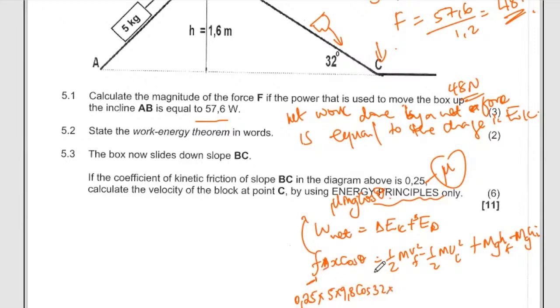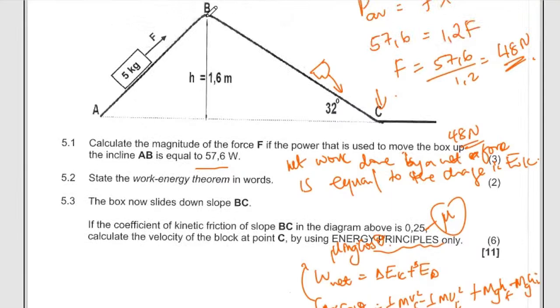Now the displacement, I do not know it, but I can get it. How? Since I know this is my H, and this is my 32 degrees, I can use the sine. The sine of 32 is equal to the opposite, which is 1.6, over the hypotenuse, which is BC.